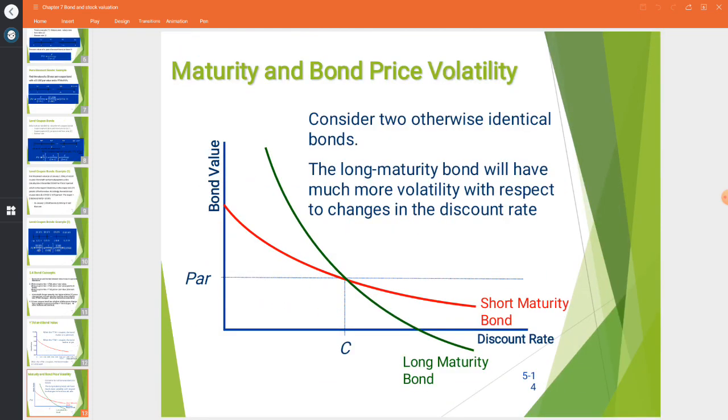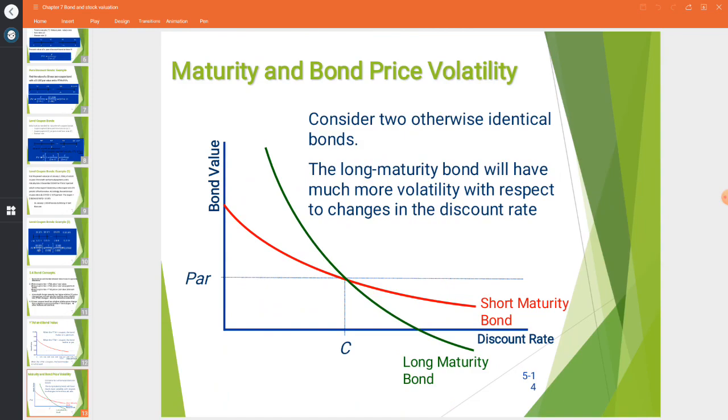Also, the following figure is going to explain the relation between long-term maturity bond and short-term maturity bond, by assuming that other variables are identical in both bonds.